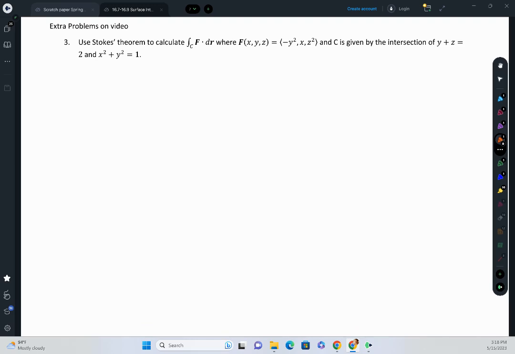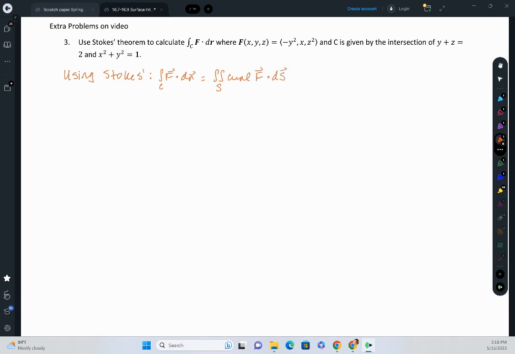So using Stokes, we have to write down what that means. That basically gives us permission to say that instead of using a line integral to calculate, I'm going to use a surface integral over S of the curl of my vector field dotted with dS hat.